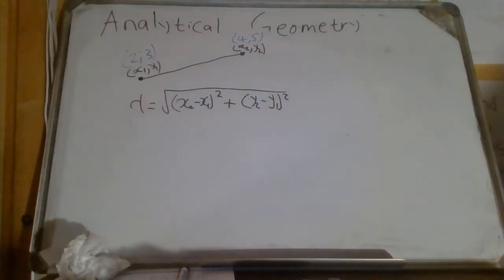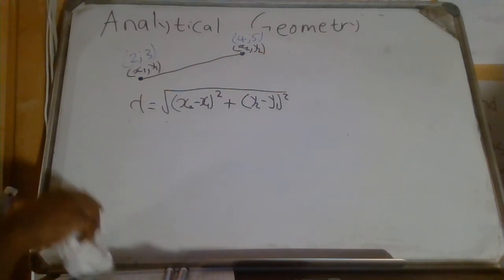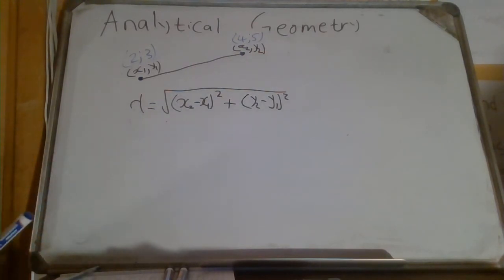Now, how do we do this? In the same way as we did earlier, we just use the distance formula. We write the distance formula as it is, and afterward we substitute.